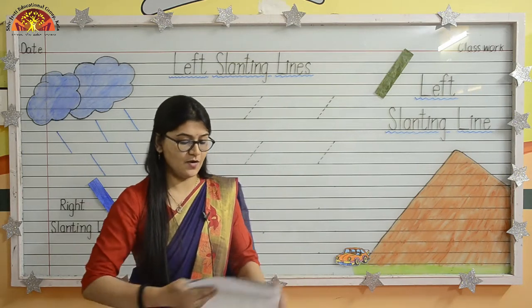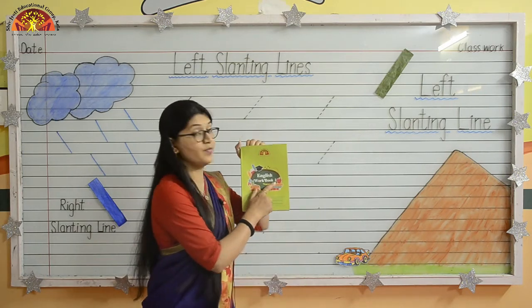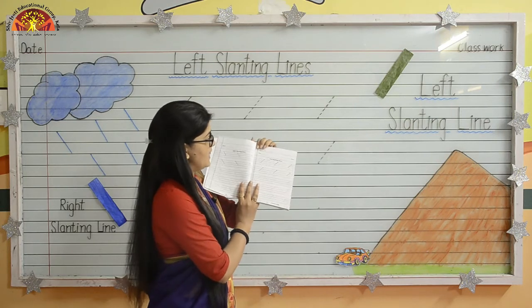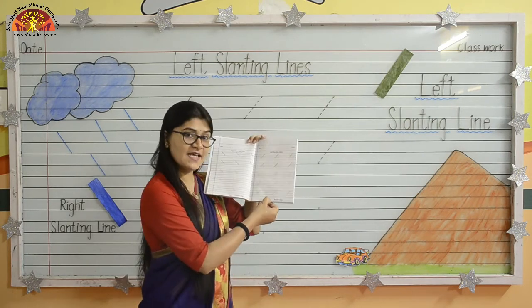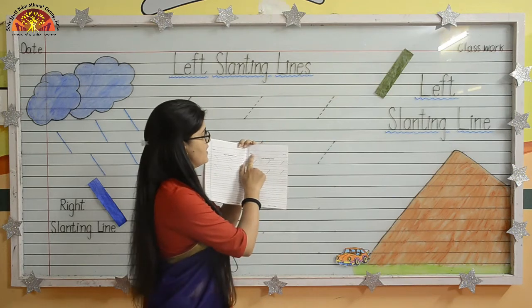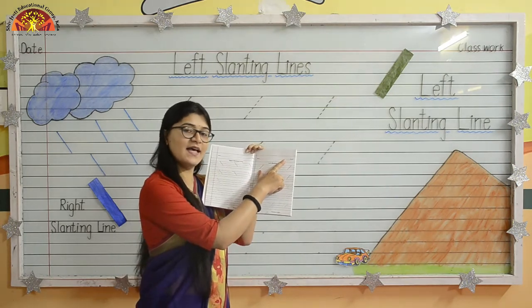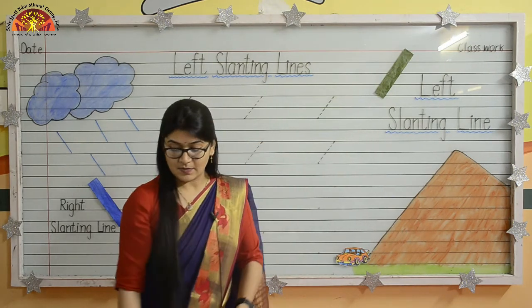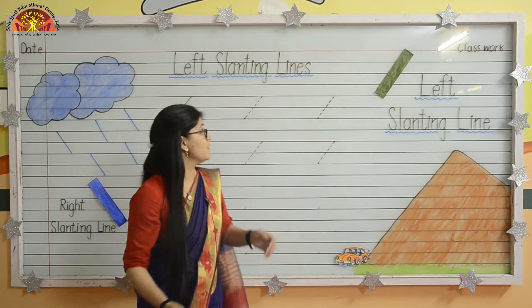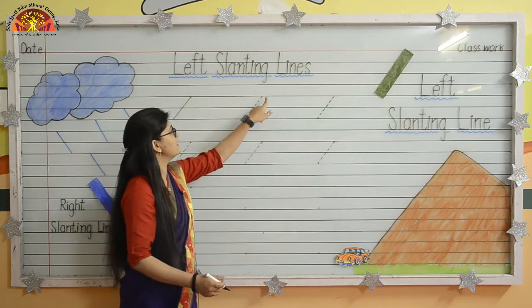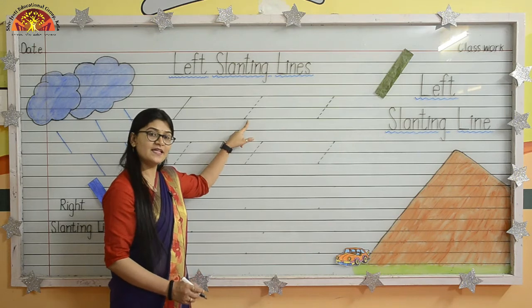So take out your English workbook 1 and open page number 7. Parents are requested to mention date and classwork at the top. So kids, sharpen your crayon. First we will trace left slanting line.